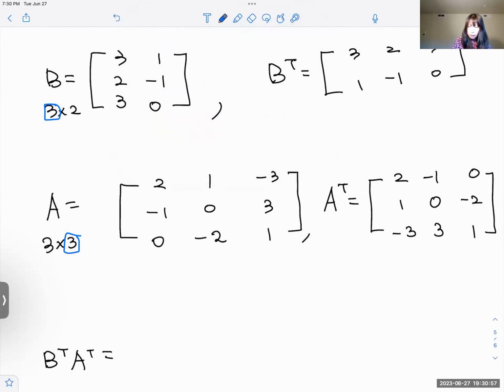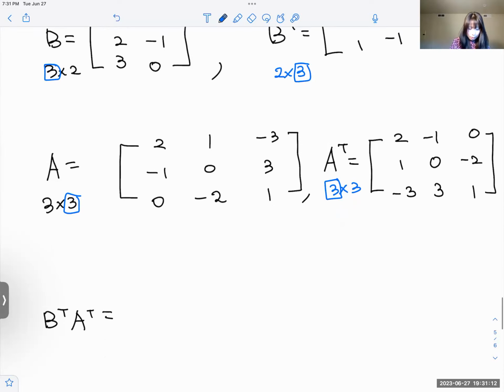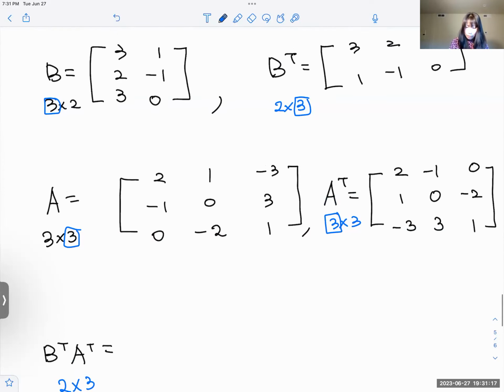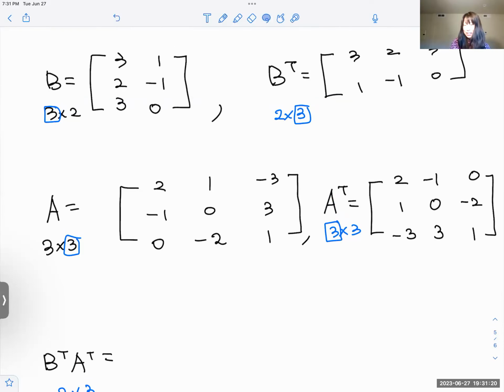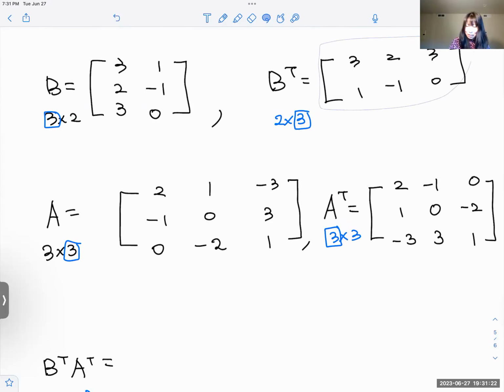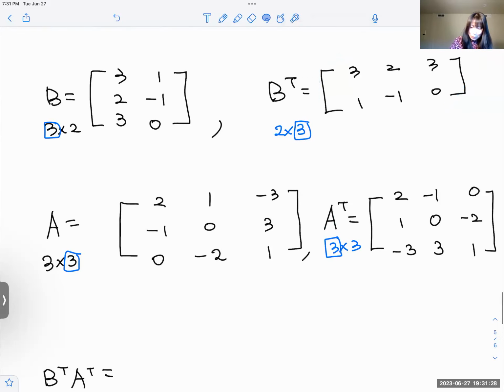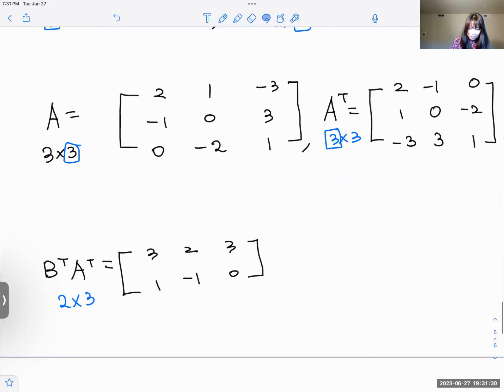Check the size: 2 by 3, and this is 3 by 3, right? So the inner dimensions match and we will get 2 by 3. I have to write it down, otherwise I get confused. I have to have the right order like that.